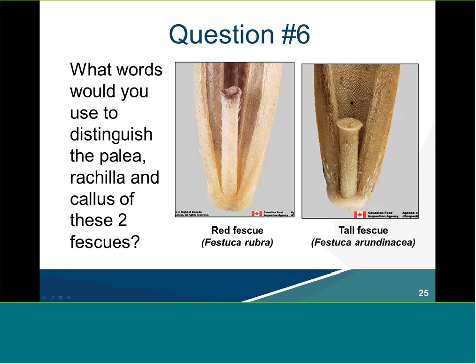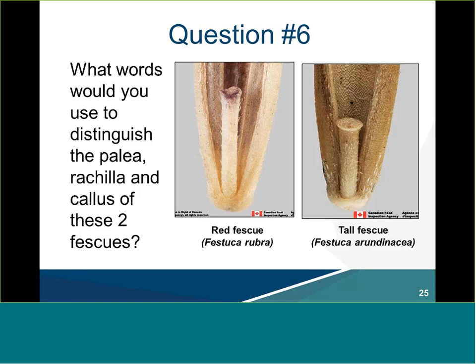The rachilla, they're hairy on both. You can see a purple at the top, which really stands out in this picture, but it's not going to be in every one of your specimens. The rachilla is kind of thin and straight. There should be a cap. It is a fescue, but depending on how it was ripped away from the callus, you may or may not be able to see it.